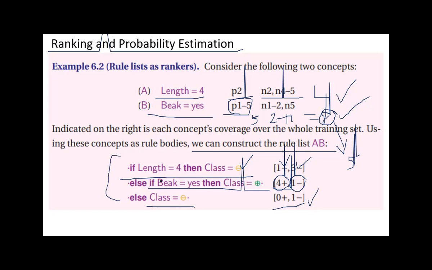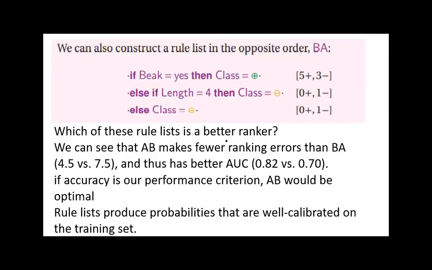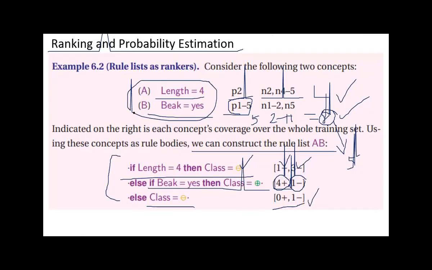Now coming to the same thing, dinne inkoka rakanga kuda project cheyochu. What is the other way? We can also construct a rule list in the opposite order, BA. If bake is equal to yes, then class is equal to positive. Student, we have taken the second one first. If bake is equal to yes, there are 5 positives and 3 negatives.